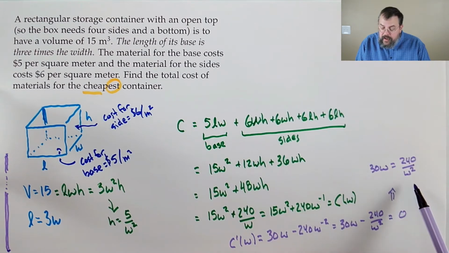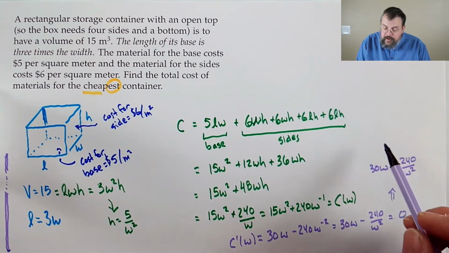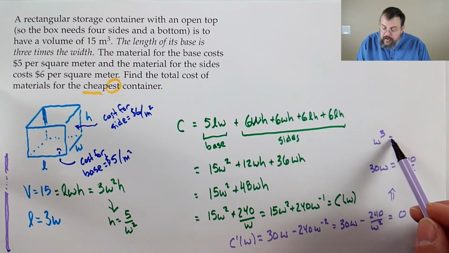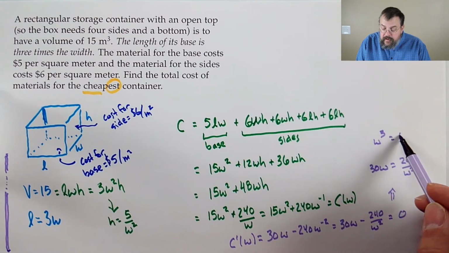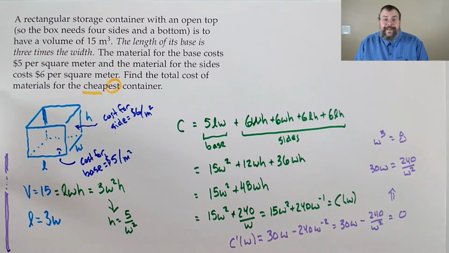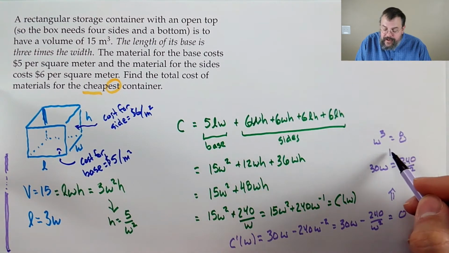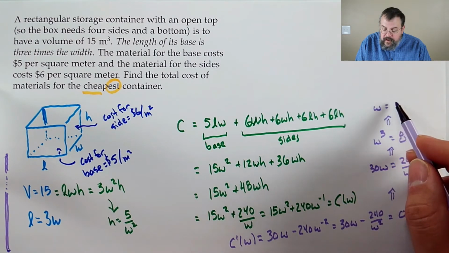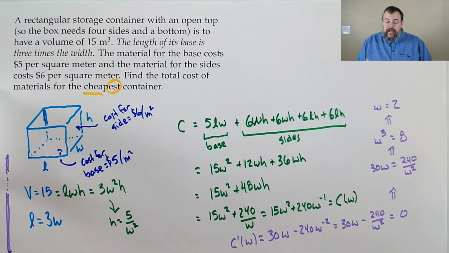Well, multiply, and we can get w cubed, because w times w squared, and then 240 divided by 30 is 8. All right, w cubed is 8. Well, we're getting close. That says what should w be? Well, that says w should equal 2. All right, so that should be our point.